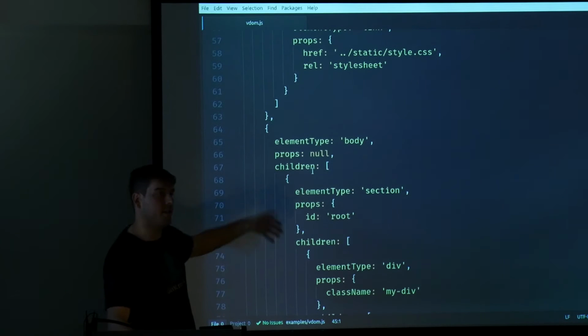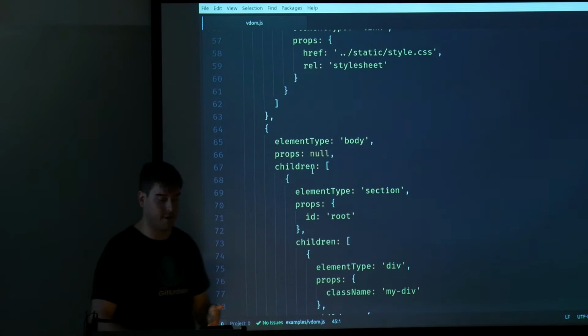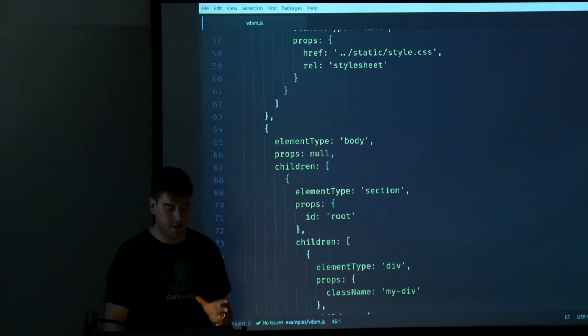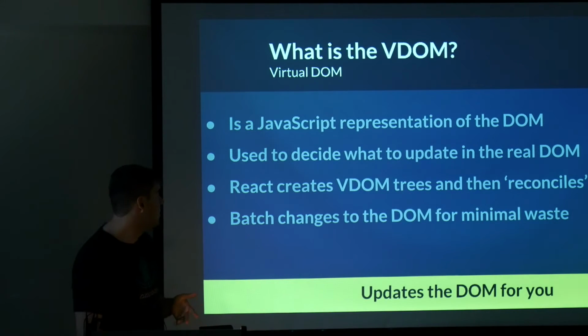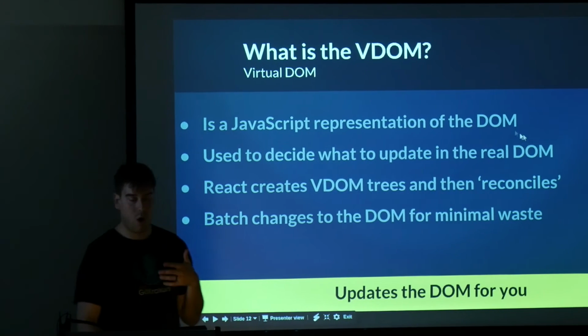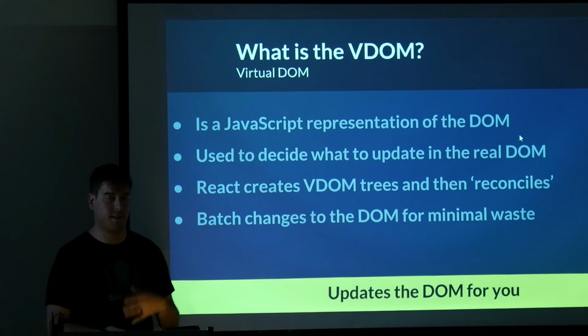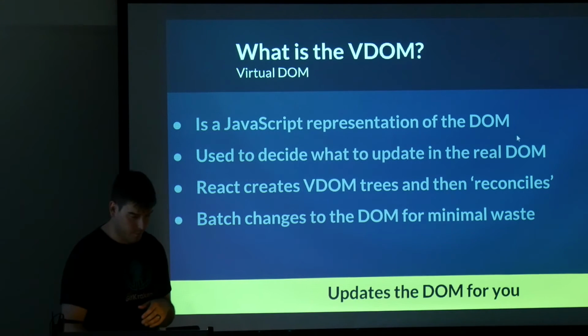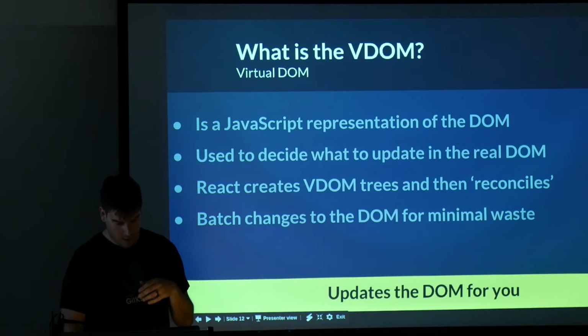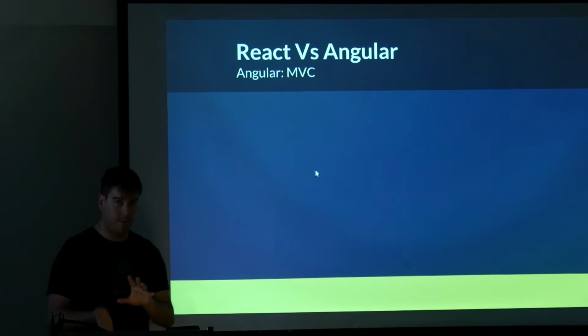These are just representations of those elements. And that's what the VDOM is really doing: we are generating these snapshots, and we're using these snapshots to update the UI. All right, so that kind of sums up DOM versus VDOM.